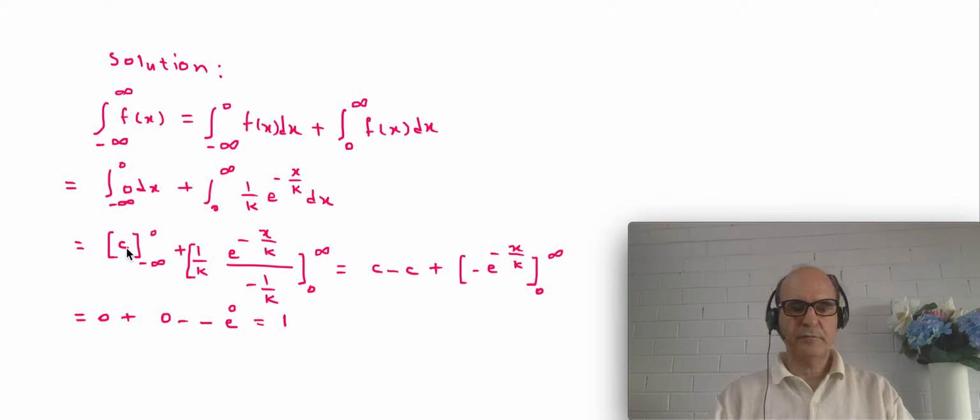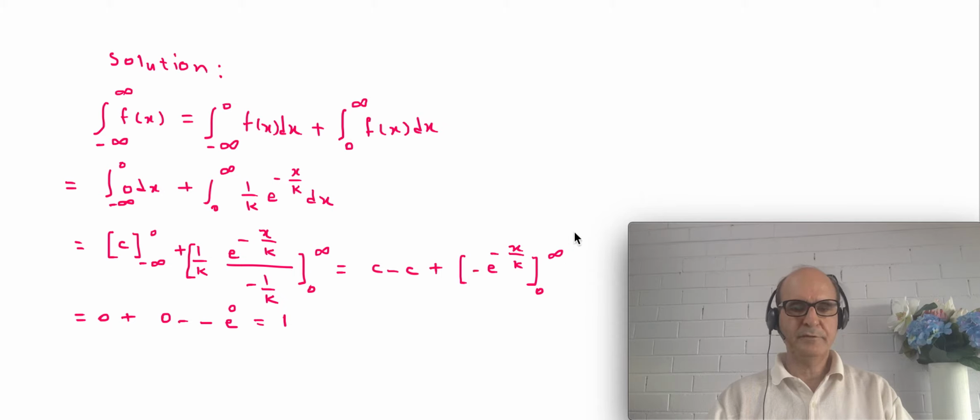So when you go from 0 to infinity, c in both cases, we have c minus c, which is 0. And for this, 1 on k and minus 1 on k cancel out, only the negative sign stays. So negative e to the minus x on k.